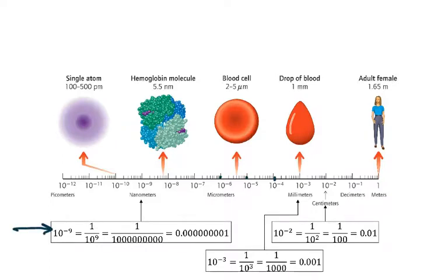And writing out 0.000000001 and trying to keep track of that is not easy. And so that's the benefit of scientific notation. Instead of all those zeros, we just write 10 to the minus 9.